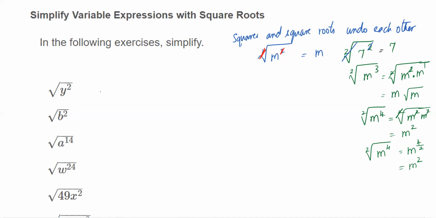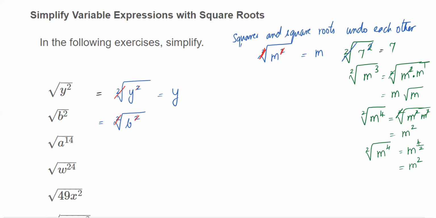So let's come back here, and we are looking at this problem. So square root of y squared, and let me write that 2 for the square root explicitly, so that symbol and the power will undo each other, giving us y. It doesn't matter what the letter is because it's the power that has to be worked against the root. Again, it's a b squared. Let me put that 2 there explicitly so you can see that.